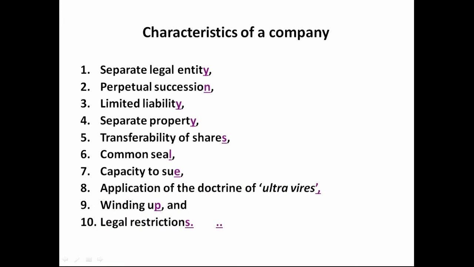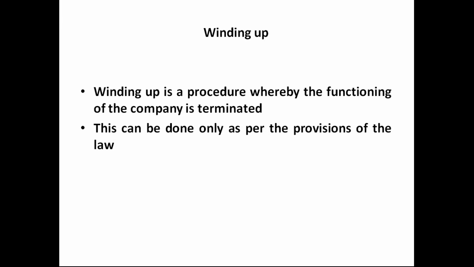The next one which we have to see is winding up. Winding up is a procedure whereby the functioning of the company is terminated. This can be done only by the due provisions of the law. As the company is a legal person, since it was born out of a law, it can be terminated only by the due provisions of the law.